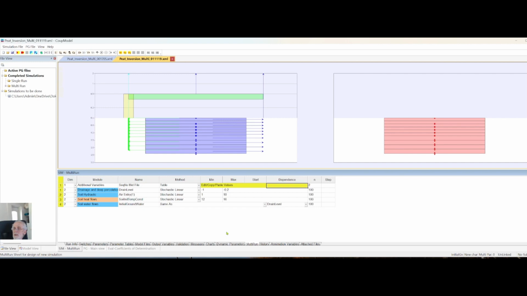So this means that we don't add any more random phenomena. We only use the random generator that we are using for the drain level to make it appropriate also for the initial groundwater. So that's an easy task.